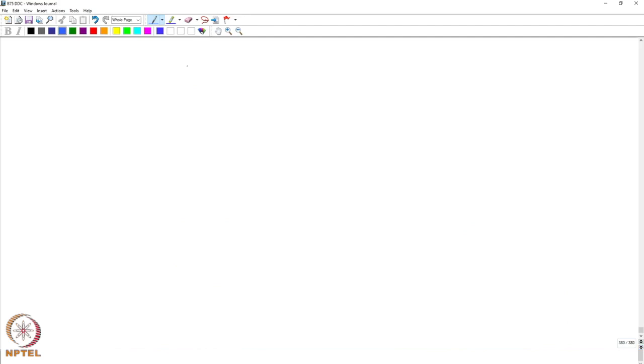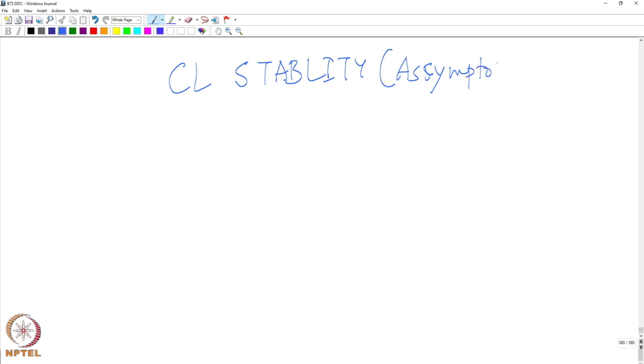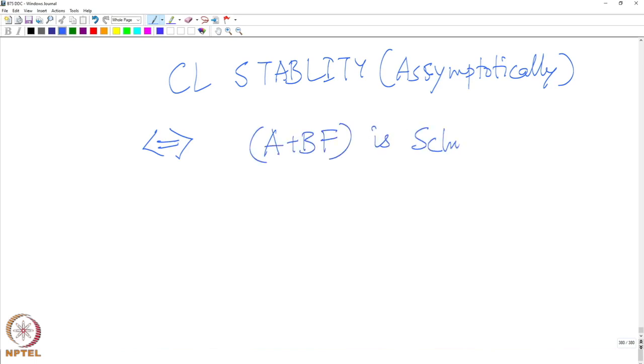Now, notice that the closed loop system is asymptotically stable if and only if A plus BF is what is known as Schur.